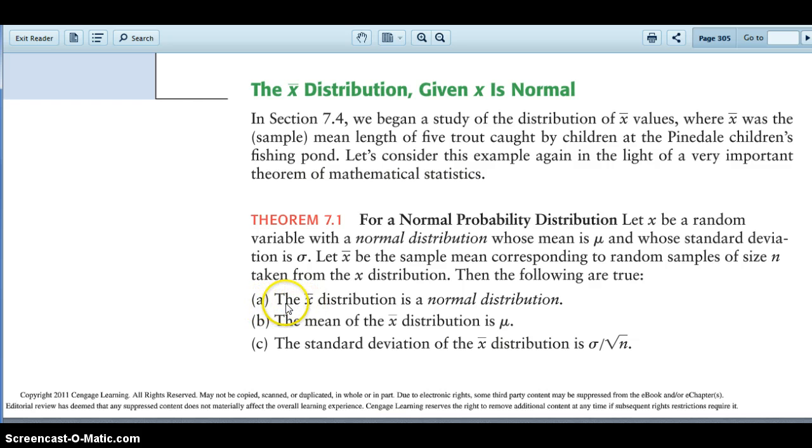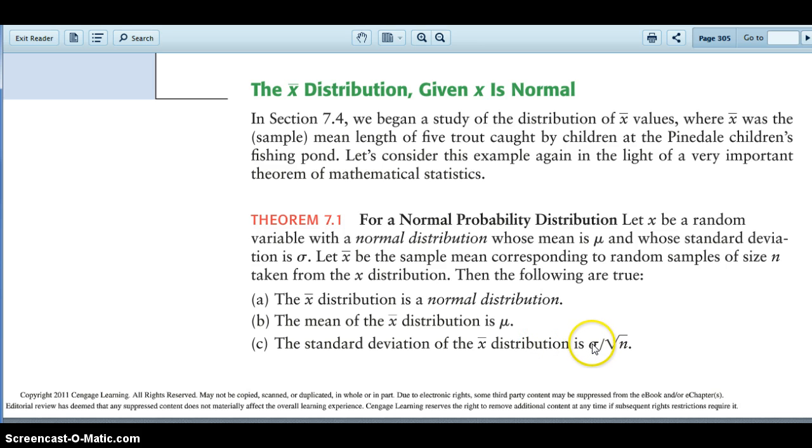For each of them, the sample mean distribution is going to be a normal distribution for all 3. The mean of all 3 distributions is going to be the same as the underlying mean for x, which was 15. And then the standard deviation of each of them is going to vary.